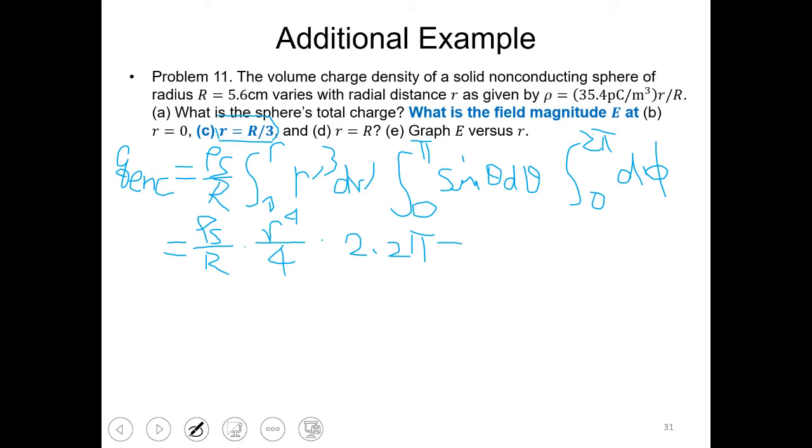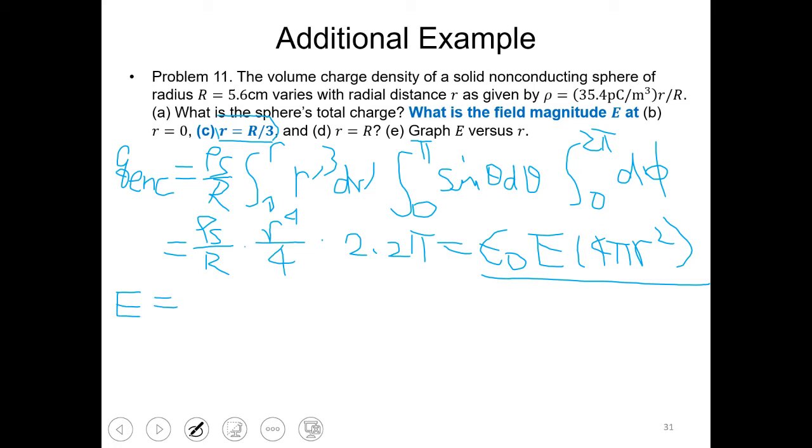In this case, it is equal to epsilon 0 E 4 pi r squared using Gauss law. In this case, E is rho s r squared over 4 epsilon 0 R.